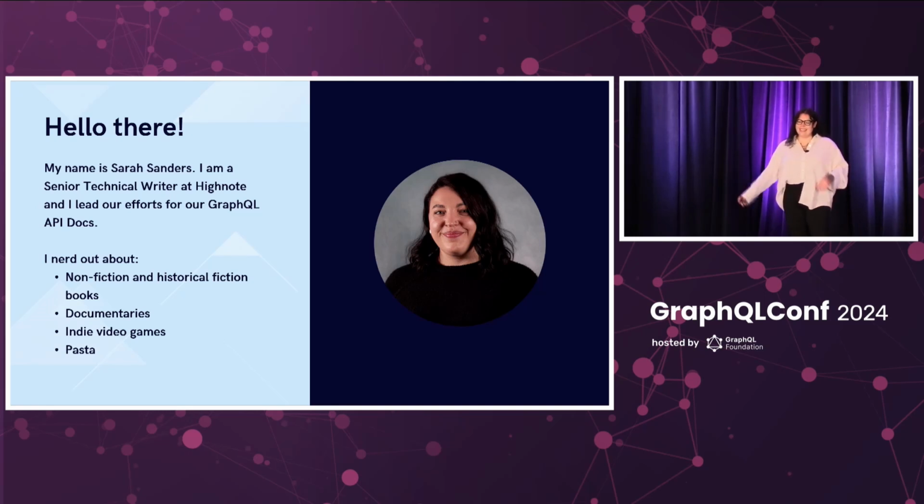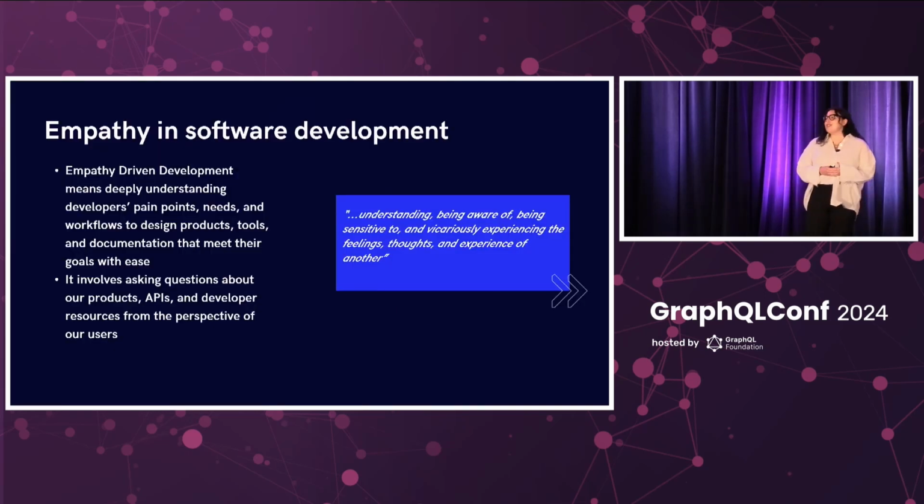So let's get started. So empathy. We hear empathy a lot in marketing, in customer support, and the way we communicate with our users. But where we don't hear empathy a lot is in our engineering orgs, in our developer experience teams.